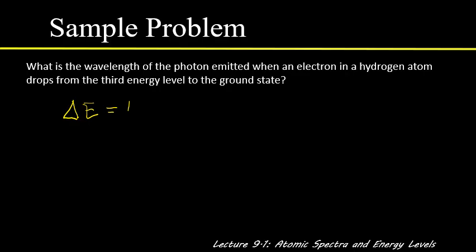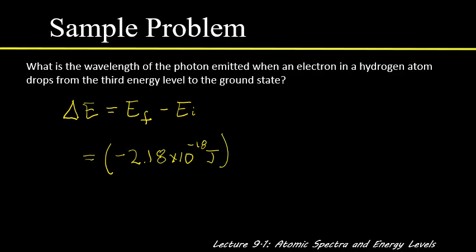So delta E is E final minus E initial. Our final energy was negative 2.18 times 10 to the minus 18 joules, minus our initial energy, which was negative 2.42 times 10 to the negative 19 joules.